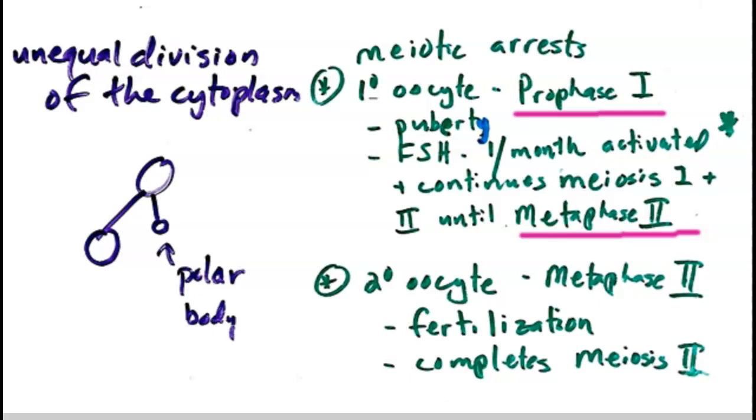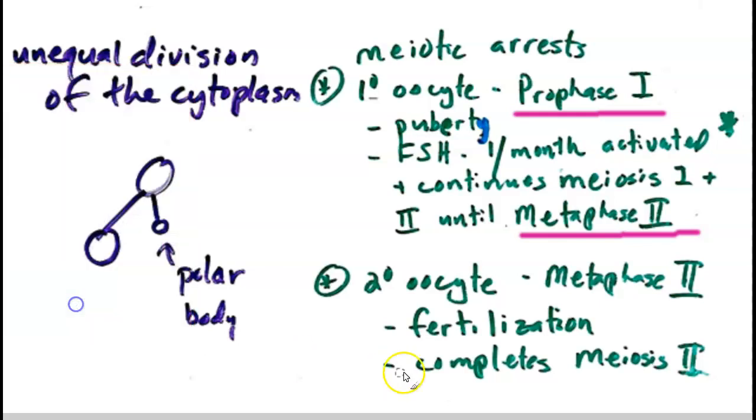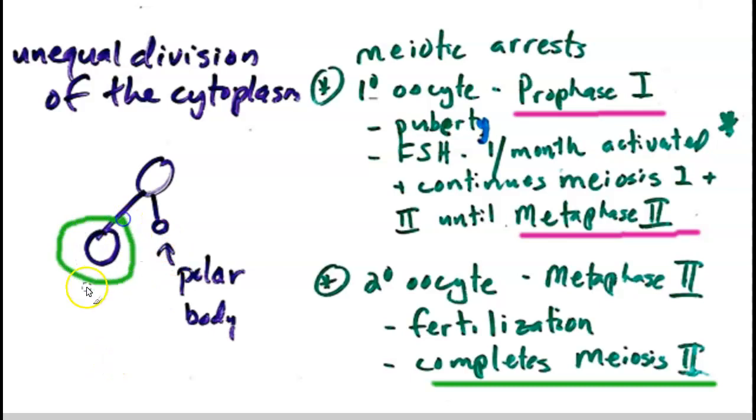If it's not fertilized, then it will disintegrate. But only when it actually is fertilized will it complete meiosis 2. So, unequal division of the cytoplasm. Again, we're only talking about one of these. Only one is an egg. We're talking about that.